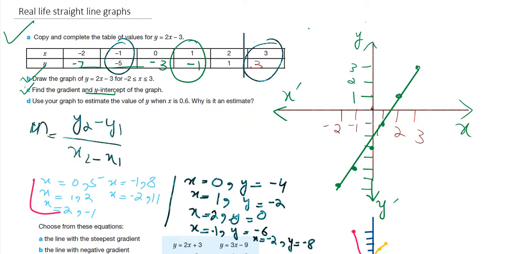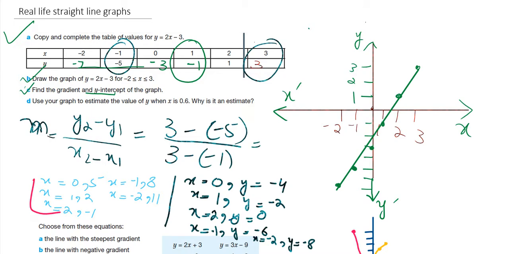And let's say I represent m as the slope or gradient. Okay, so 3 and then -5, and 3 and then -1. So 8 over 4, and that would be 2. So 2 is the gradient after doing this whole process.